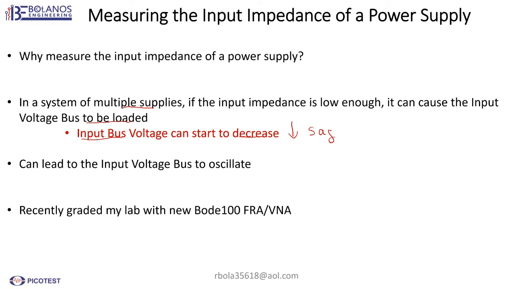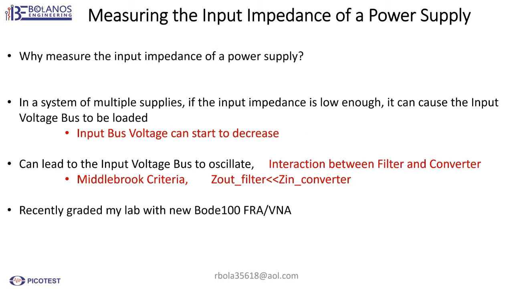Another reason is if your input bus is loaded or has a certain impedance, you will have a tendency of oscillating. That's something that used to happen in the early days until Mr. Middlebrook figured out why.